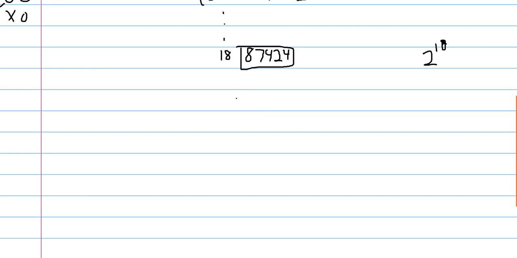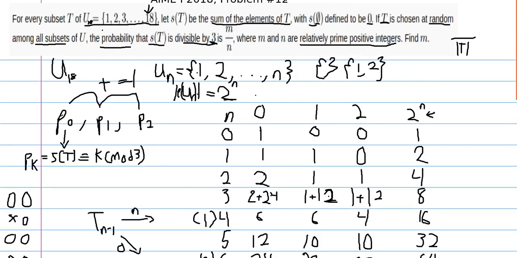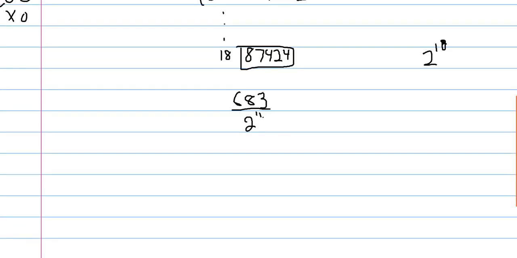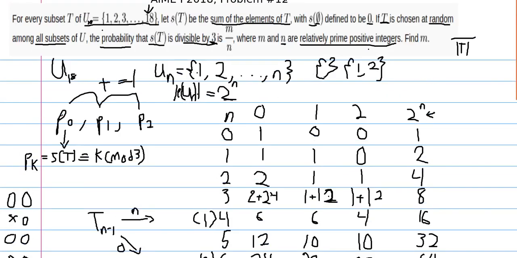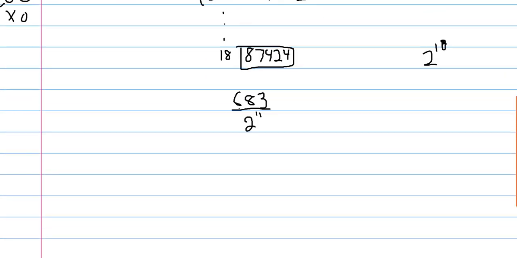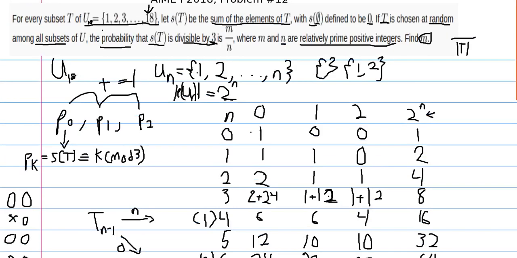If we do that, we end up with 683 over 2 to the 11, I believe. But notice that you don't need to know what n is, as long as you get an odd number, because you're looking for m. And m, sorry, is 683. And that is the final answer.